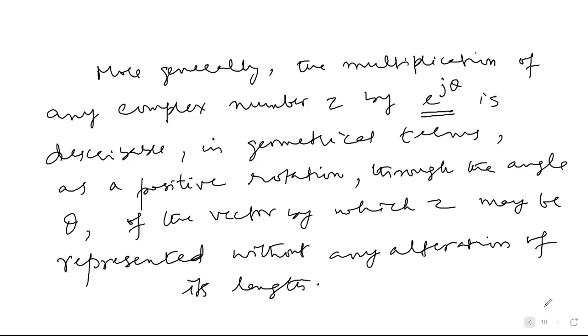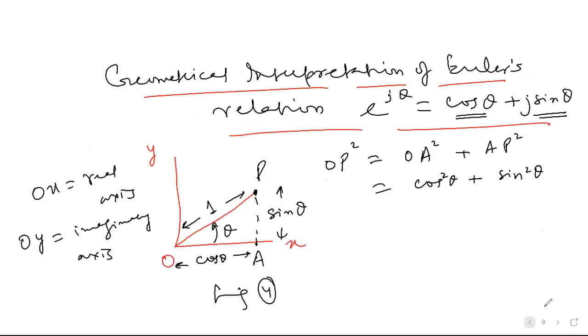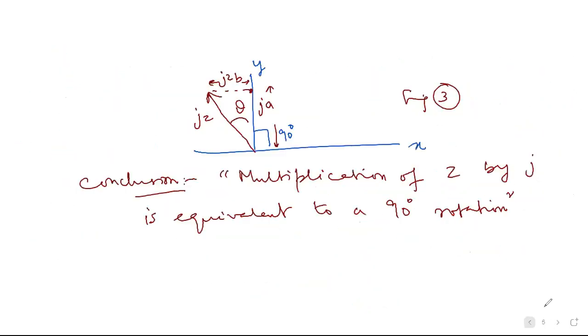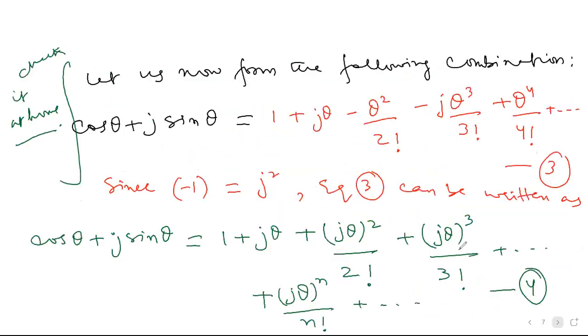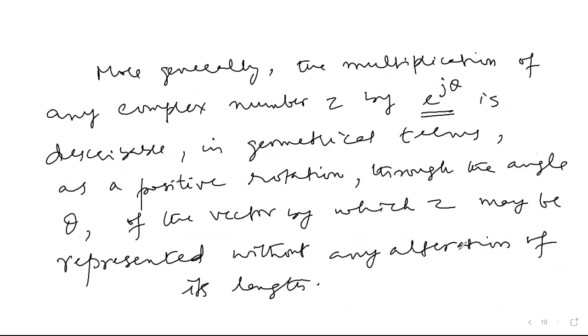So if we multiply some vector z by j, it rotates it through 90-degree angle in counterclockwise sense without altering its length. But if we multiply some vector z by e^(j theta), it rotates it in counterclockwise sense through angle theta without altering its magnitude or length.